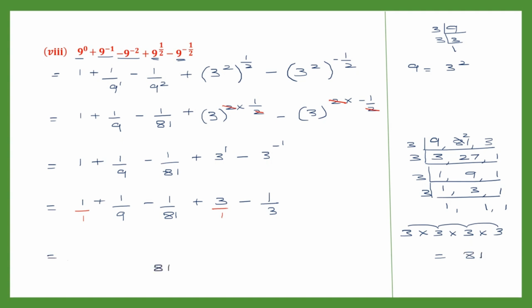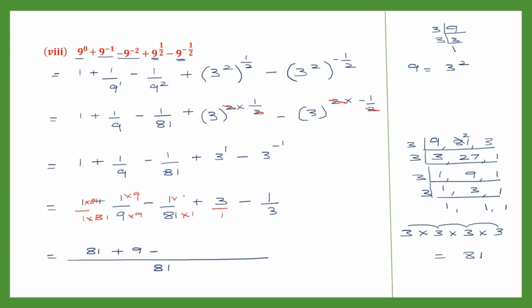So let's continue our addition and subtraction. So here 1 into 81. So this also into 81. So this is 81 plus, now 9 into 9 is 81. So 1 into 9. 1 9s are 9 minus 81 into 1.